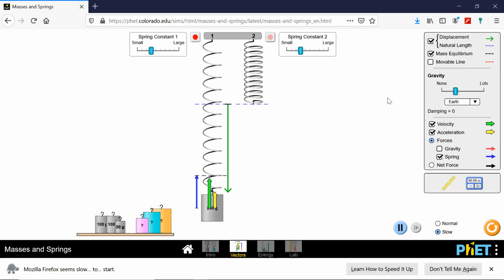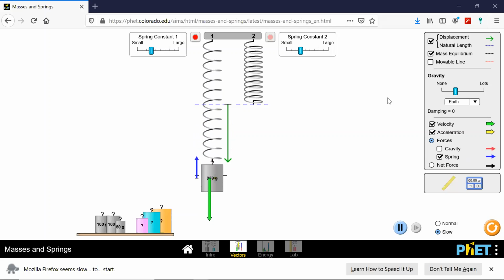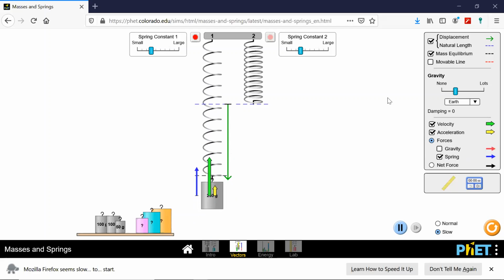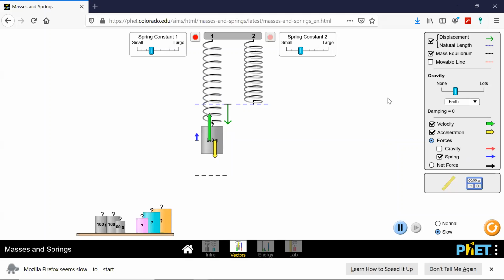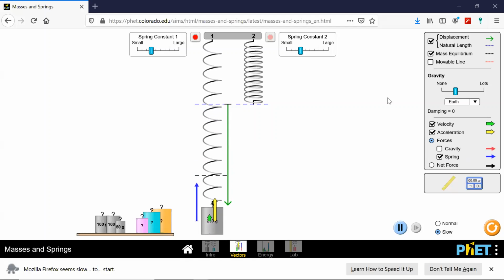Sorry about that. So, acceleration. Is it zero in the middle? So equilibrium position. Yeah, equilibrium. That's true. Equilibrium position. Now that's the acceleration.